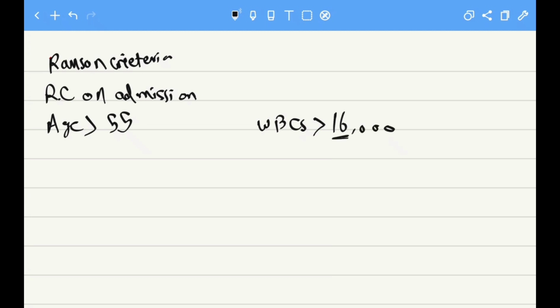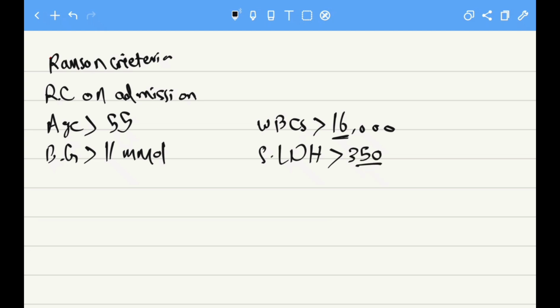Remember, in Glasgow, neutrophils were more than 15. Blood glucose will be more than 11 millimoles. Remember, in Glasgow, it was 10. And serum LDH will be more than 350, and serum AST, which is one of the liver function tests, more than 250.